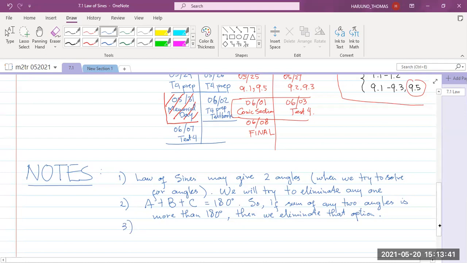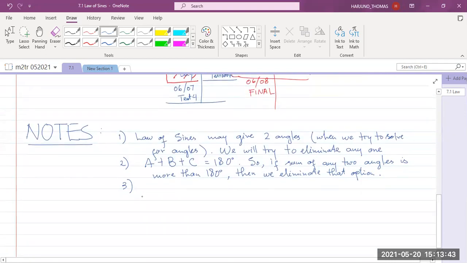There's a theorem that we learned in geometry that says the following: the longest side in a triangle corresponds to the largest opposite angle.